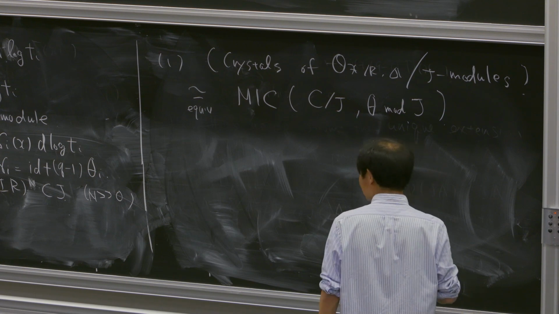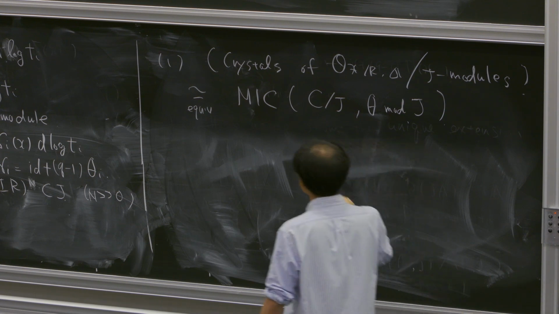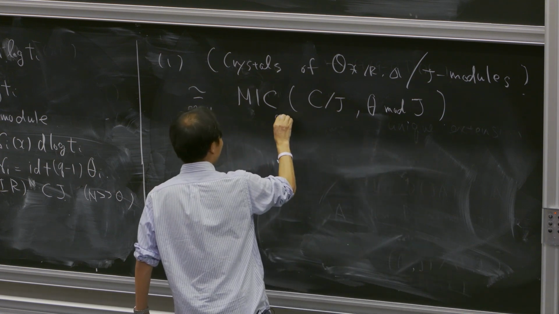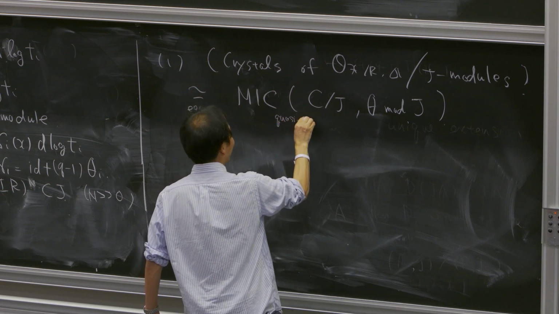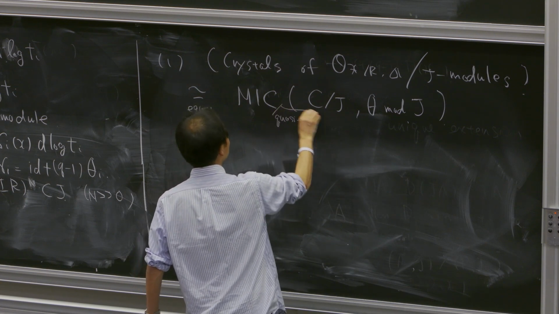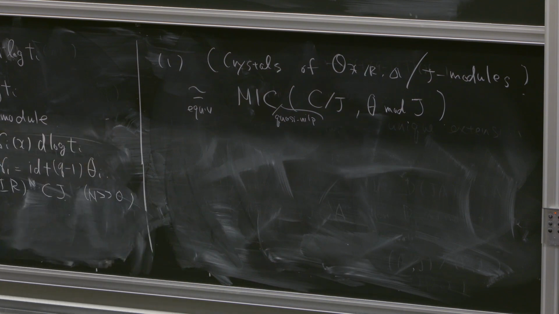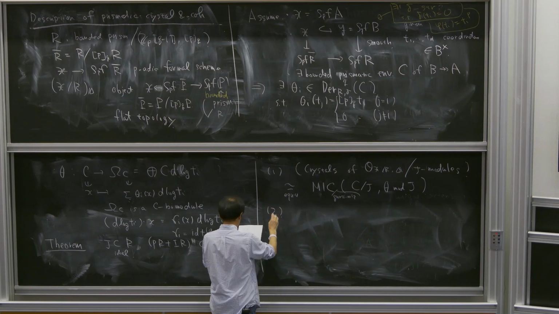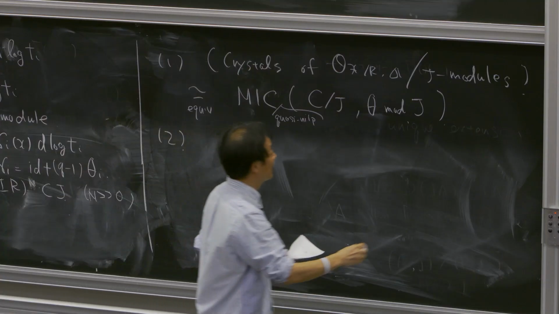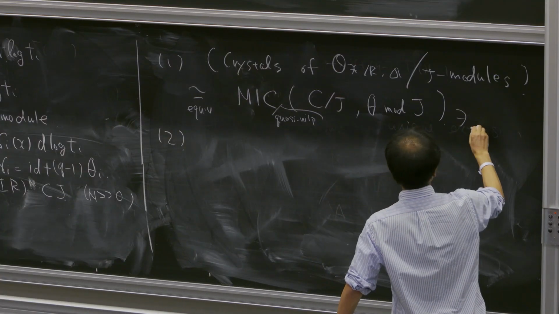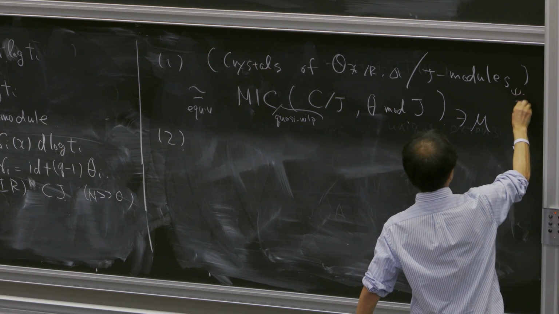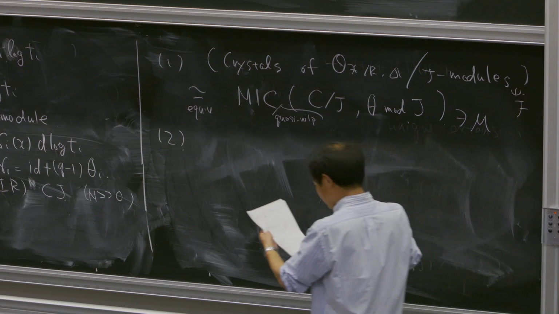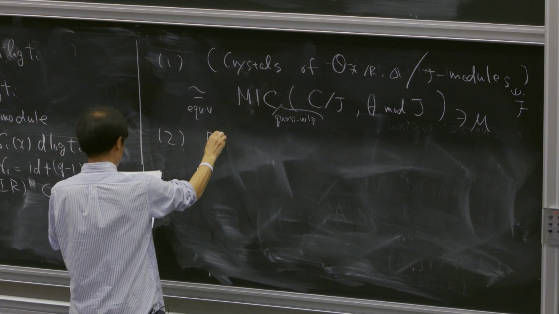No, convergent. Quasi-nilpotent. And secondly, if you are given an element in here and a corresponding element in here, then you also have an isomorphism.